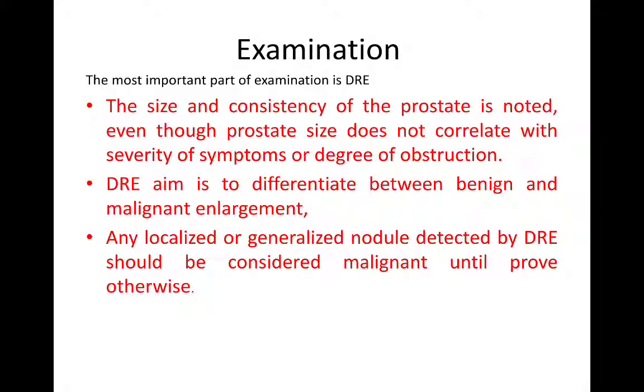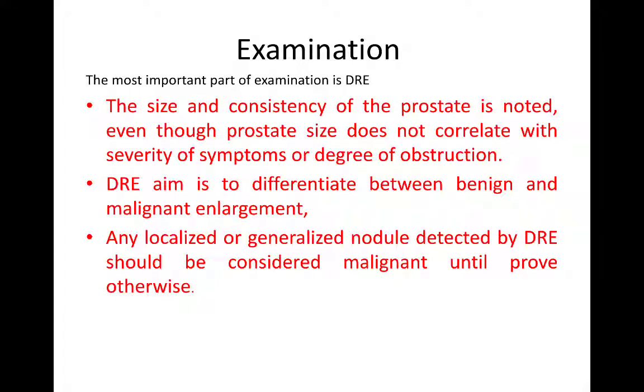This depends on which part of the prostate gland is affected by the hyperplasia. If the hyperplasia occurs mainly in the stromal part, it will give symptoms even if the gland is small. If it occurs mainly in the epithelial part, it may reach a big size and the patient is still asymptomatic.